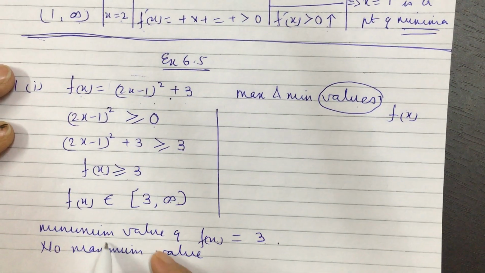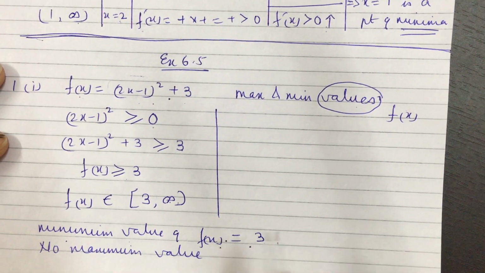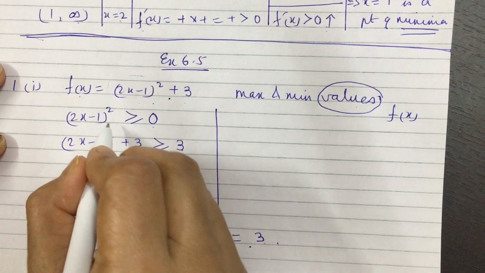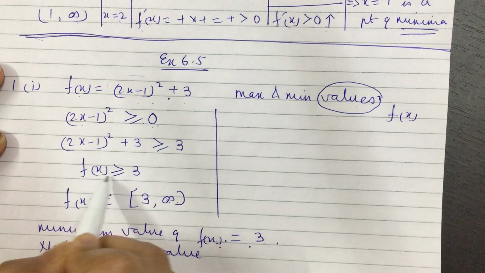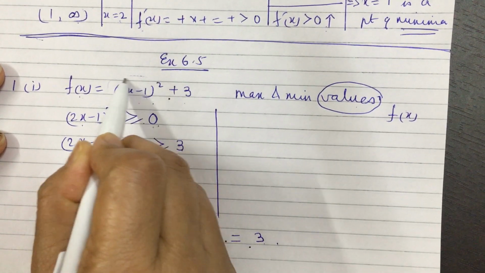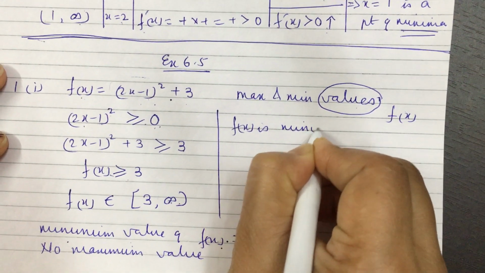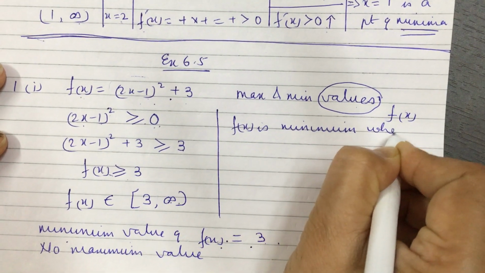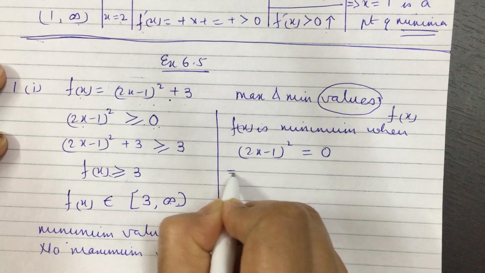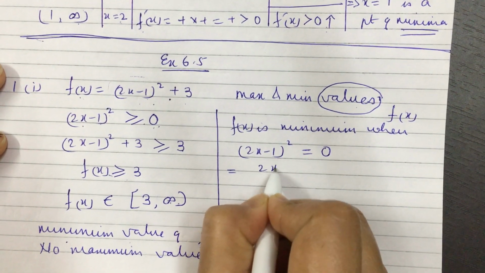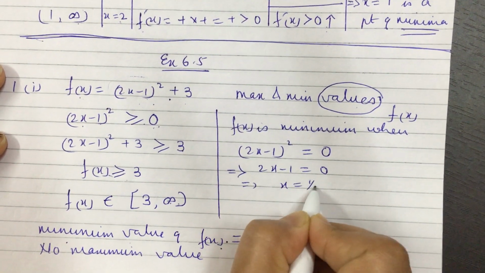Now, what is the point corresponding to which we have got the minimum value? See, (2x minus 1) whole square is greater than or equal to 0. The f(x) would be least when this is 0. So f(x) is minimum when (2x minus 1) whole square is 0, which gives us 2x minus 1 equal to 0, which gives us x equal to half.